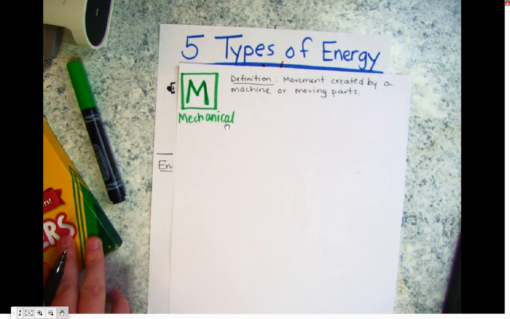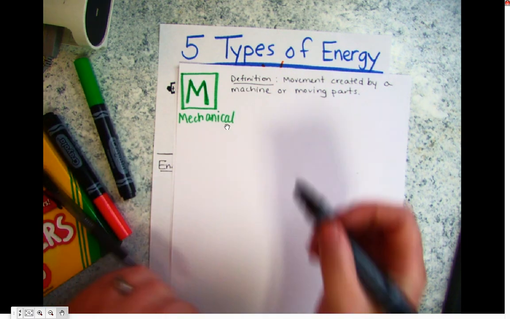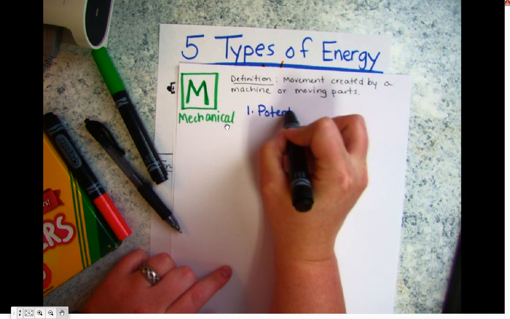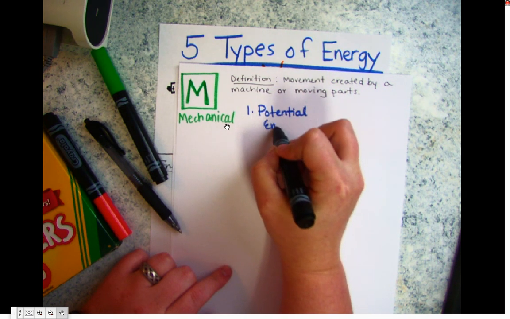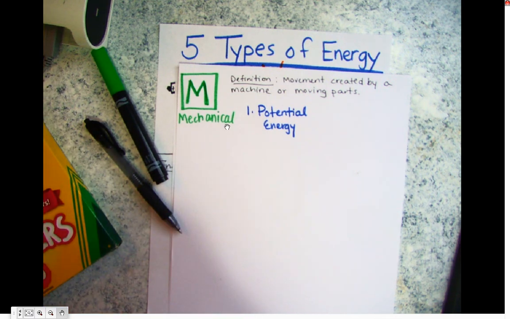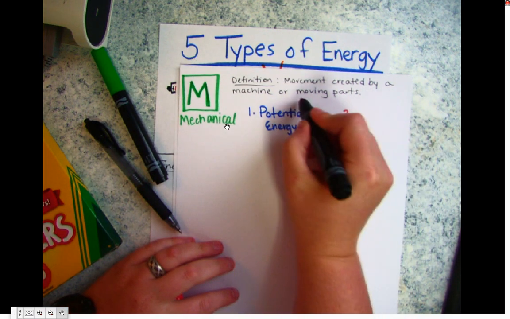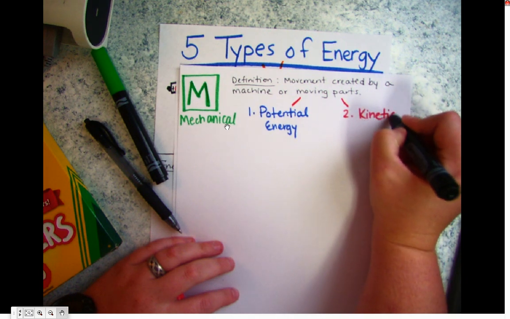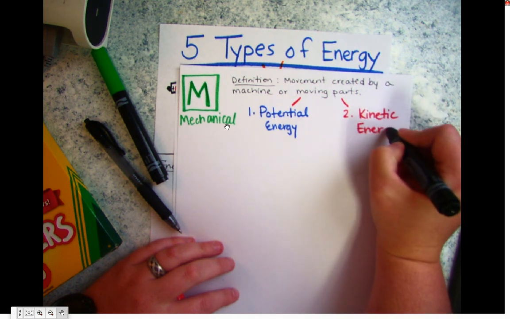Okay, and so we're going to break it up. The first one was potential energy. I hope that's ringing a bell. And the second one is kinetic energy. Remember, like Xbox Kinect.